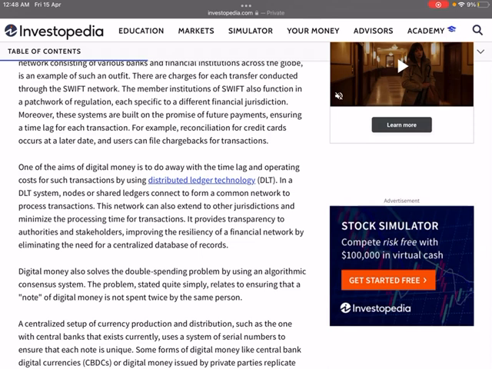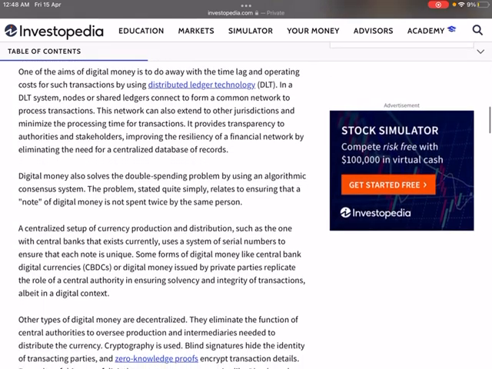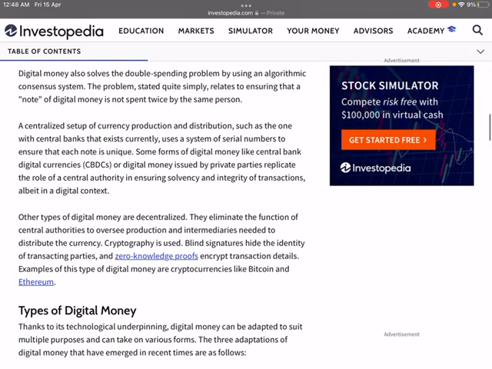A centralized setup of currency production and distribution, such as the one with central banks that exists currently, uses a system of checks. Some forms of digital money, like central bank digital currencies or digital money issued by private parties, replicate the role of a central authority in ensuring solvency and integrity of transactions, albeit in a digital context.